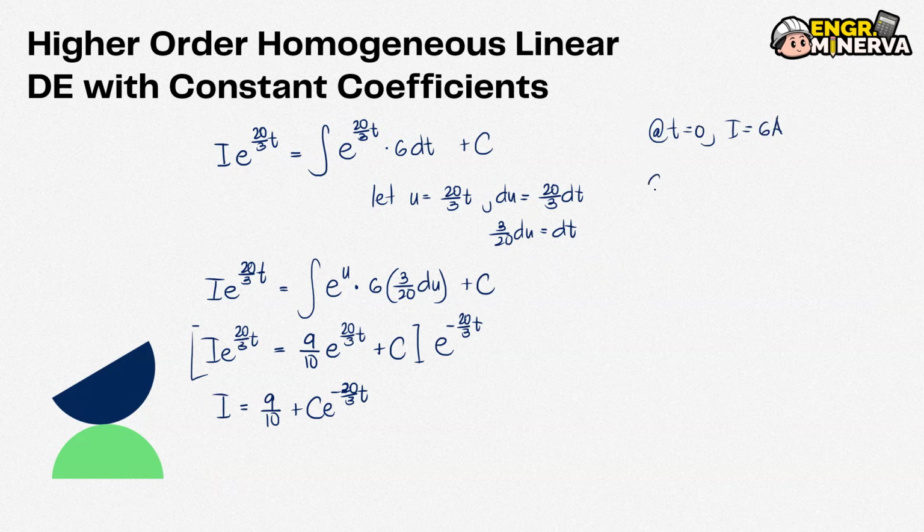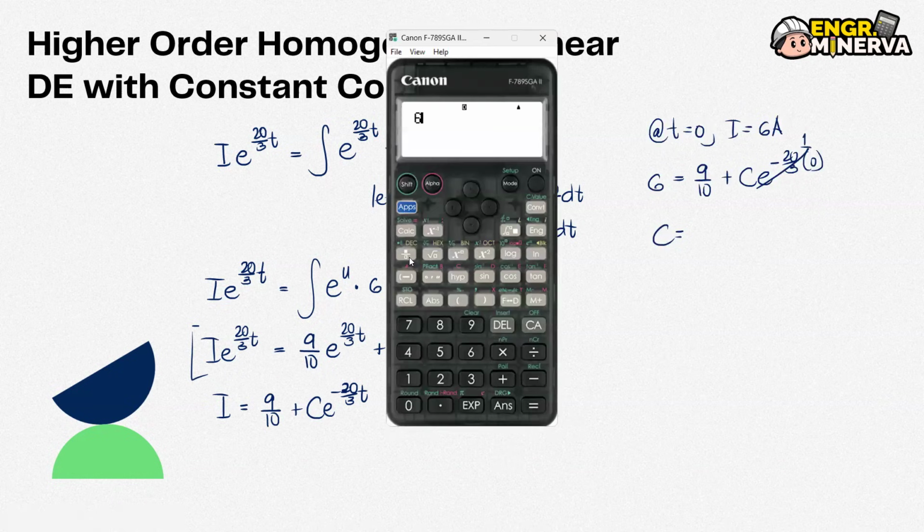So substitute: 6 equals 9 over 10 plus c times e raised to negative 20 over 3 times 0, which is 1. So 6 equals 9 over 10 plus c. That means c would be 5.1, or 51 over 10.